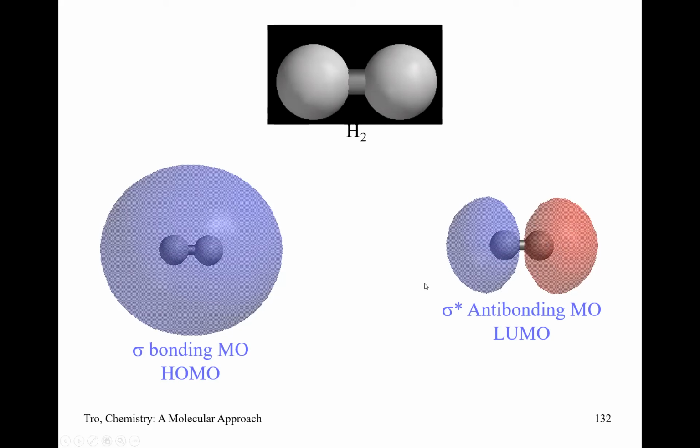All right, so that's the easiest example, and you will see a bit of this type of MO, molecular orbital, in organic chemistry. Then HOMO versus LUMO stands for highest occupied molecular orbital and lowest unoccupied molecular orbital.